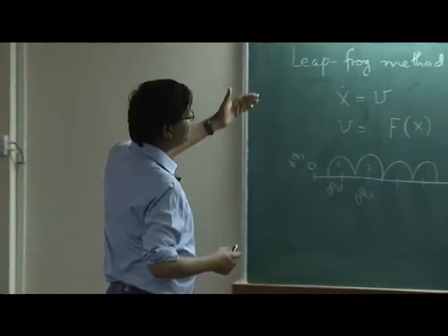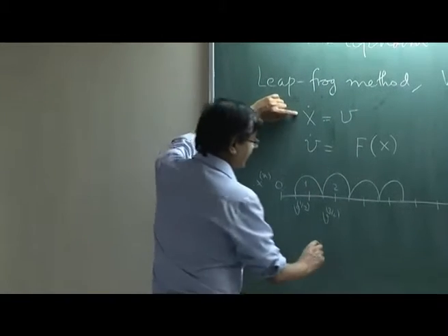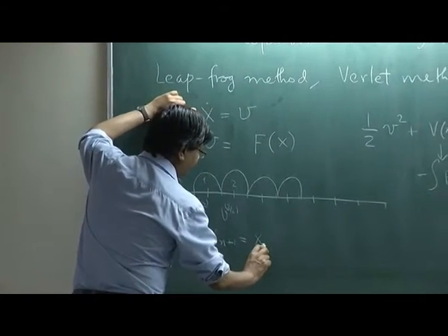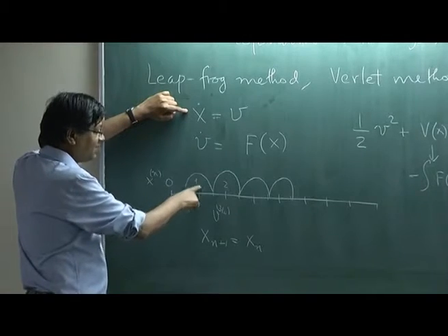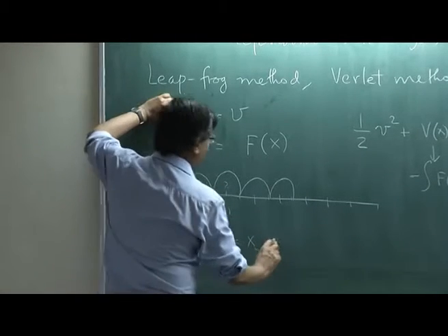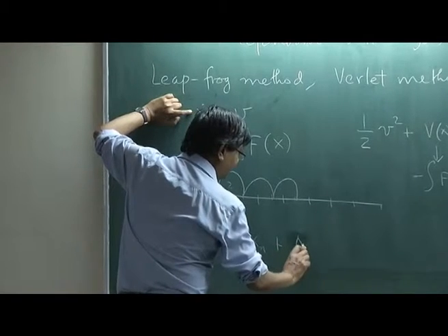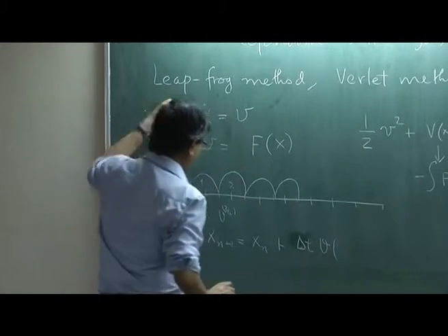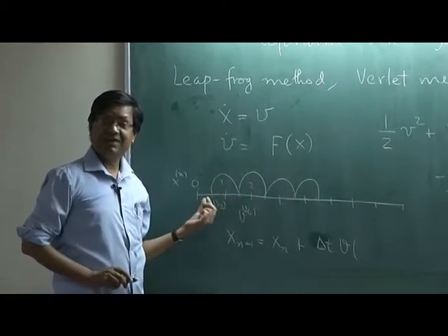So how do I write my time stepping scheme? So x_{n+1} is x_n, because my x is at the integer grid points, plus delta t times v of, now velocity is not there at the grid points, velocity is at half grid points.